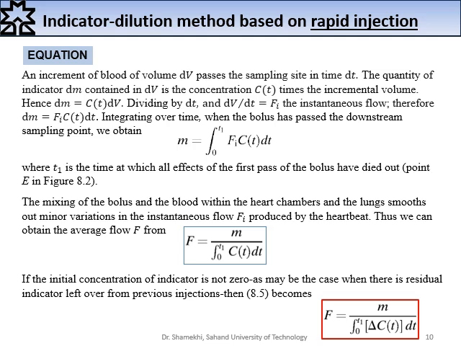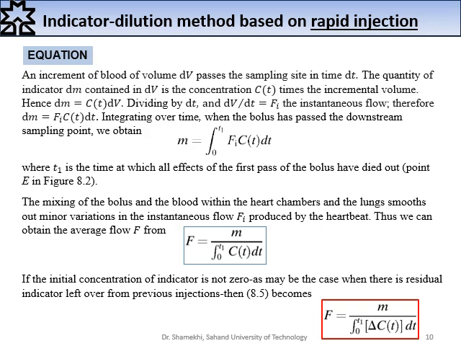In the rapid injection indicator dilution method, we don't have any continuous injection. Therefore, the equations related to this type of dilution method are different.